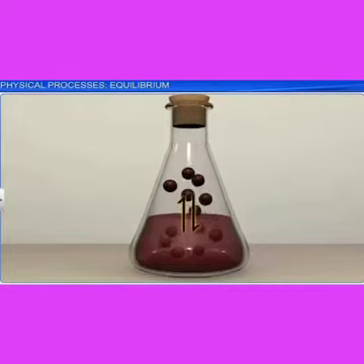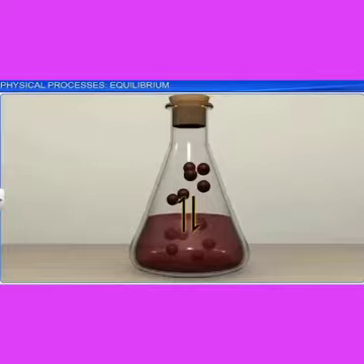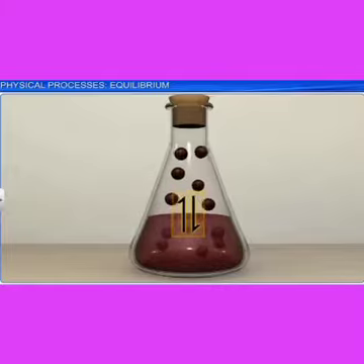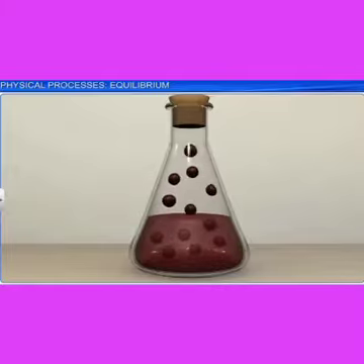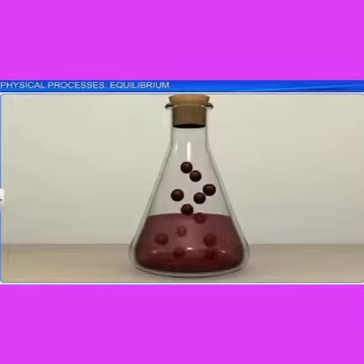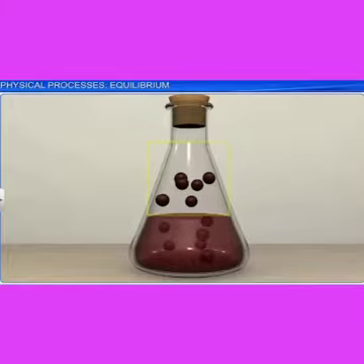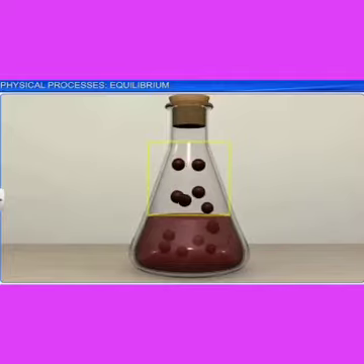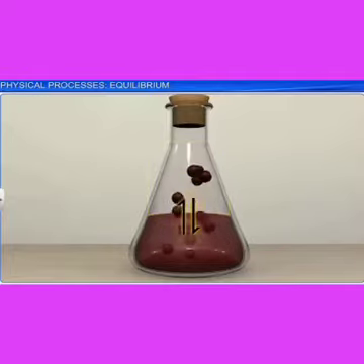At equilibrium, the rate at which the particles move from the liquid to the vapor phase will equal the rate at which the particles move from the vapor phase to the liquid. In this situation, the concentration of the vapor particles in the air space will be constant even though there is movement in both the directions.